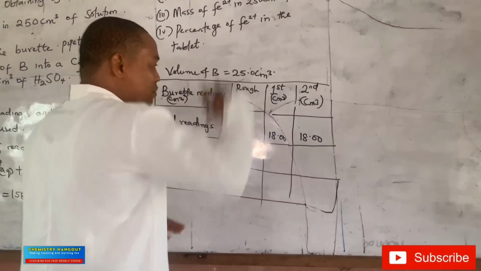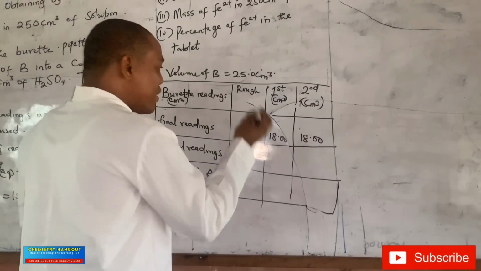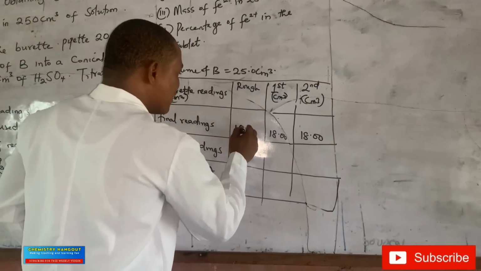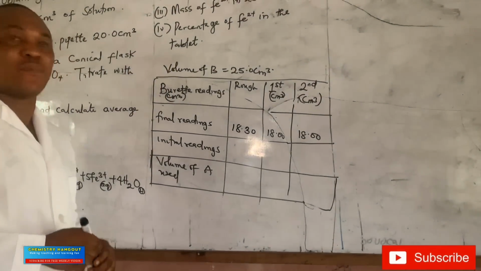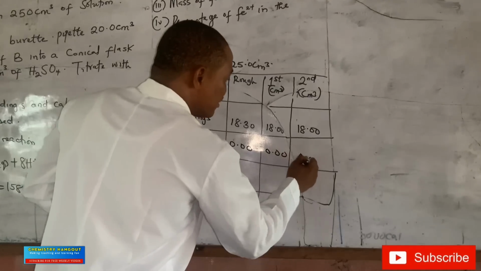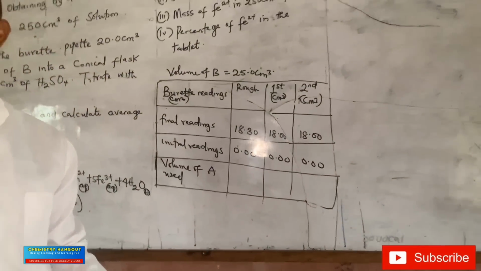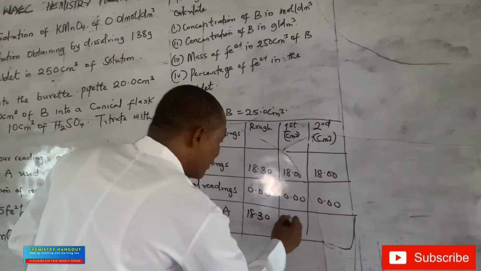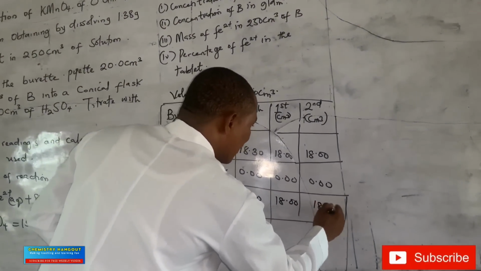So I can just take my rough a bit higher, since I already know the value I want to use. Just an example. So my initial readings, definitely because I refilled, you will see that before I started titrating, my readings was here. So I can now have 18.30, 18.00, 18.00.